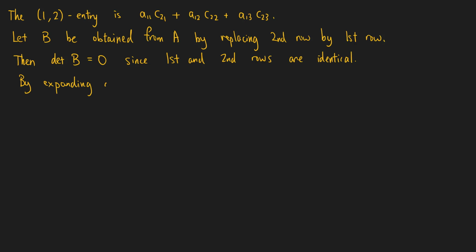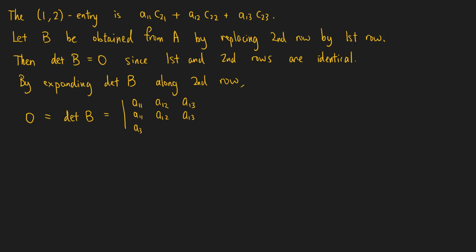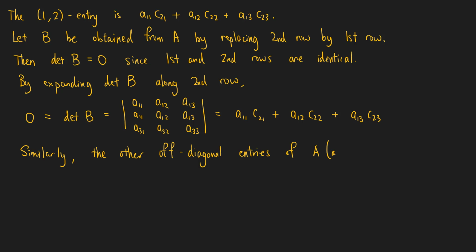By expanding the determinant of B along the second row, we have 0 equals the determinant of B, the determinant of the matrix with rows A11, A12, A13; A11, A12, A13; A31, A32, A33, which equals A11 times C21 plus A12 times C22 plus A13 times C23. So the 1-2 entry of A times the adjugate of A is 0. Similarly, the other off-diagonal entries of A times the adjugate of A are 0.